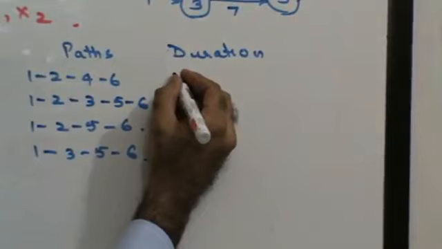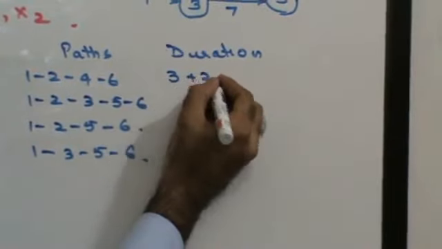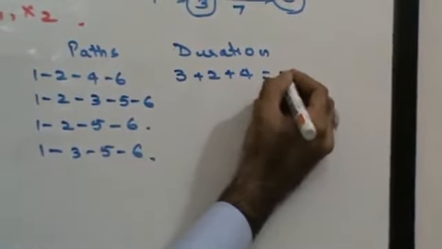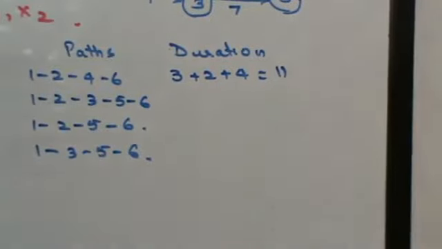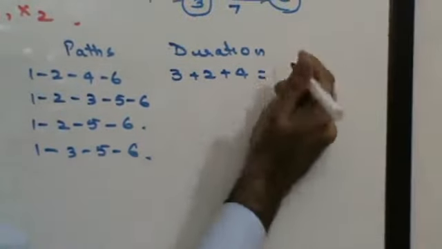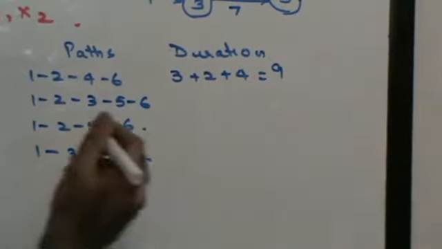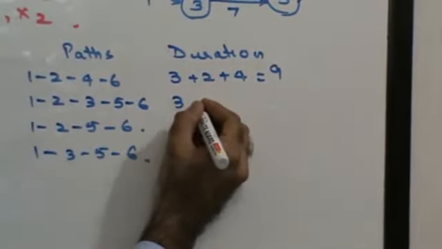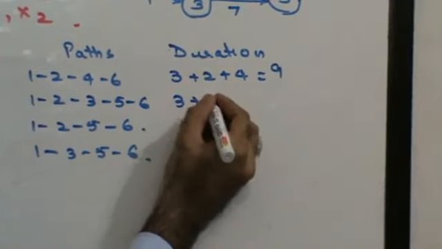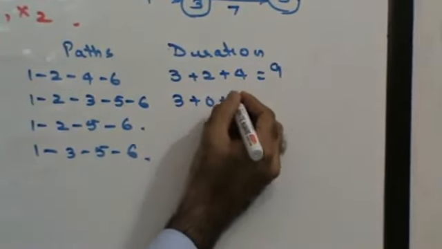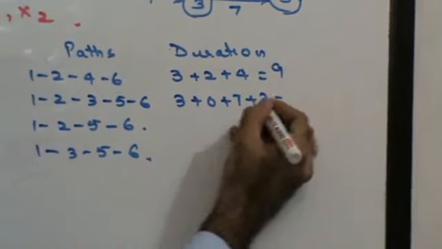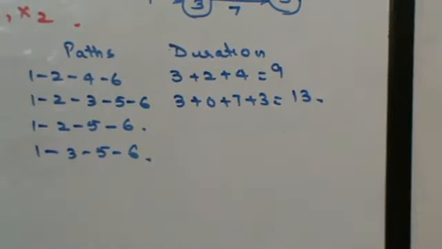This is 1, 2, 4, 6. So 3 plus 2 plus 4. 11 days. Right? No, sorry. 9 days. Then you have 1, 2, 3, 5, 6. 3 plus 0 plus 7 plus 3. 13 days.